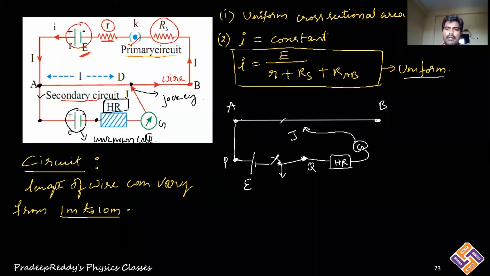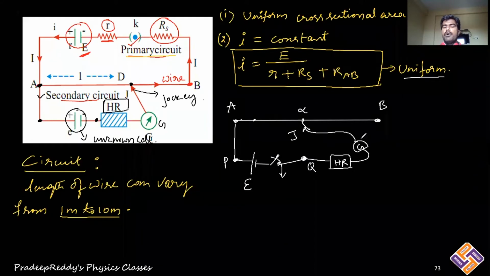Okay, so if the jockey is placed at this point and the galvanometer is showing some deflection, it means that in the above part and below part the potentials are not equal. As potentials are not equal, you will just slide the jockey some more distance. Now let us consider you are placing the jockey at this point.